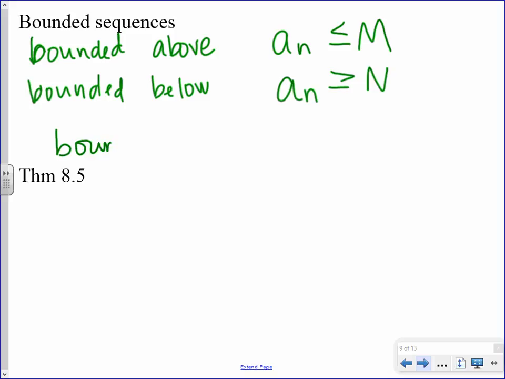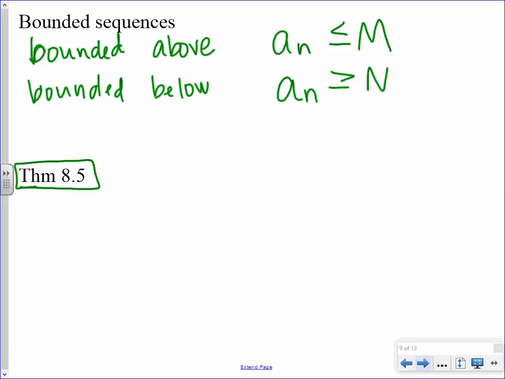If we're bounded both above and below, we just call our sequence bounded. Can we be double bounded? Yes, we would just say bounded.